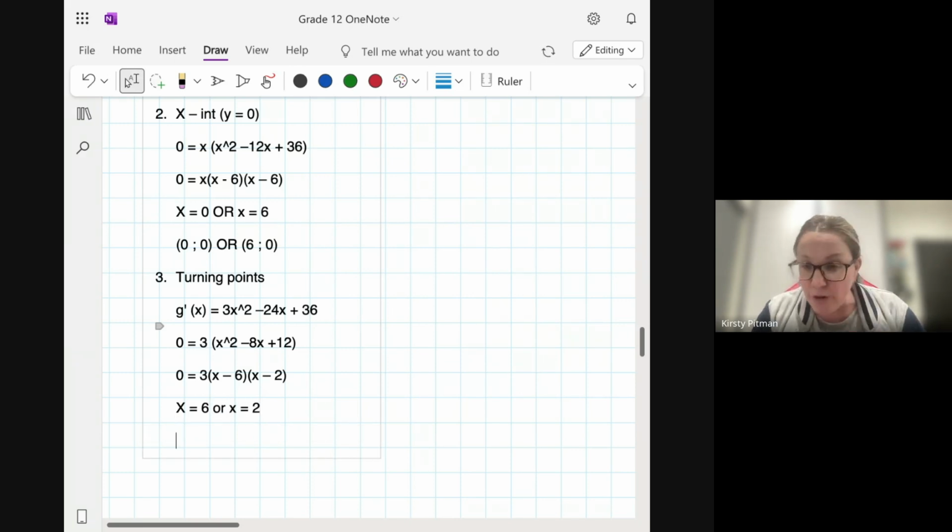Now be careful, grade 12s. What do grade 12s often go and do? They often go and put this into the derivative. No, it needs to go into the original equation.